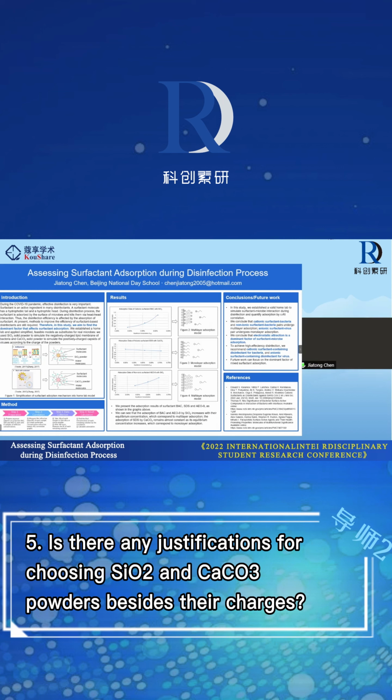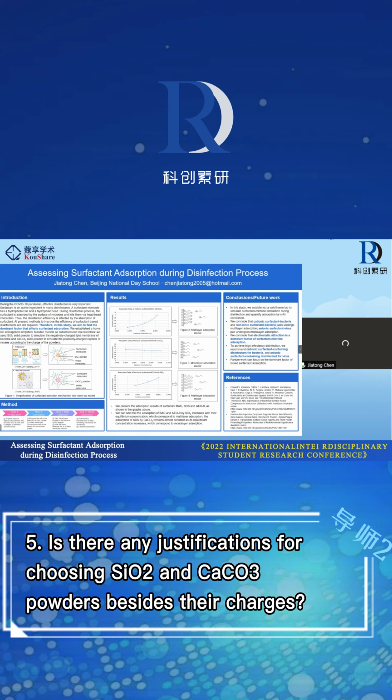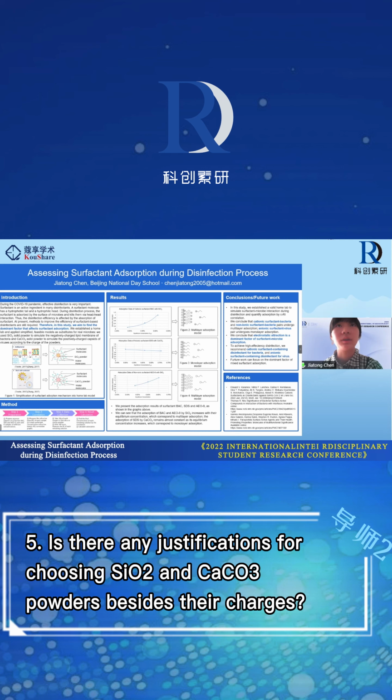If the concentration went too low or too high, then the refractometer is not able to present accurate data or an accurate trend. So I reduced the range from the 6 concentrations to 3 concentrations. Okay, I see. Thank you.